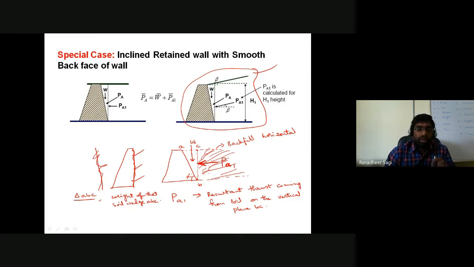What are those two force components? The force component coming from the adjacent soil on that retaining wall surface, and the weight of this wedge ABC, which is going to be acting on that inclined surface. The resultant of the weight of this wedge ABC is going to be acting on this inclined surface at some particular point. So I'll quickly represent the same thing again here.